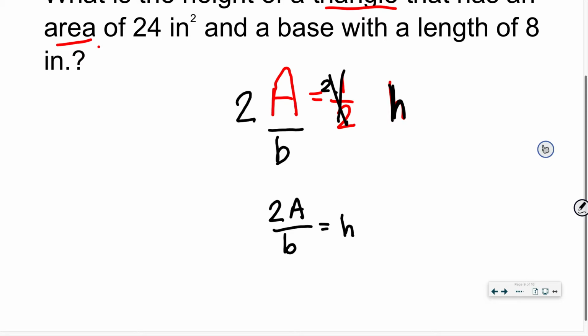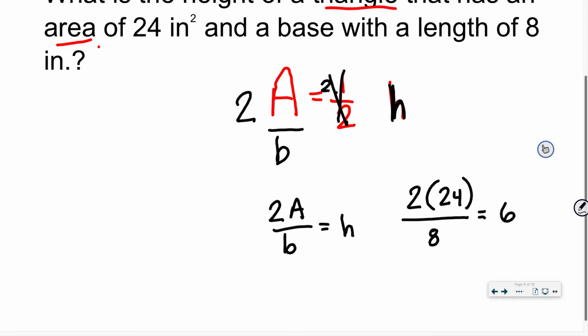Substitute the base and the area. So I have 2 times the area of 24, over the base of 8. So what is my height? 48 divided by 8. My height is 6.